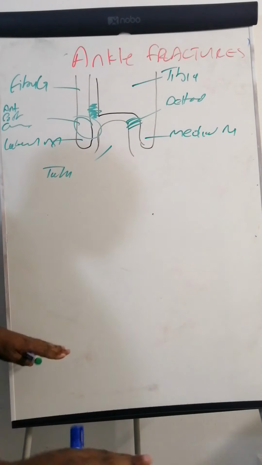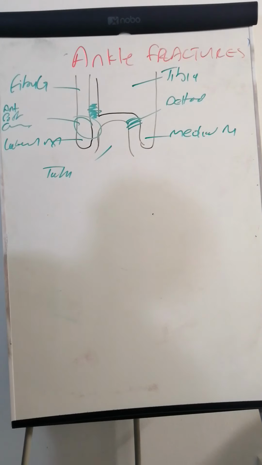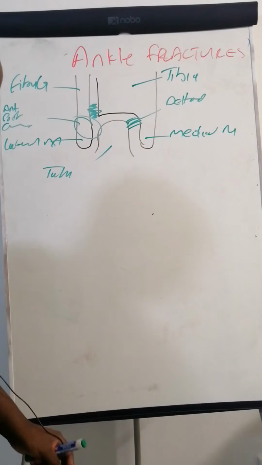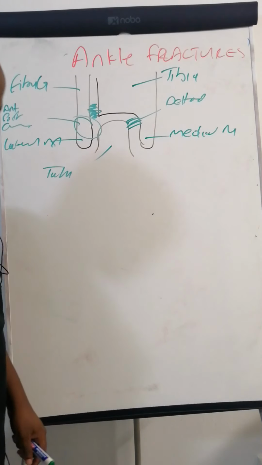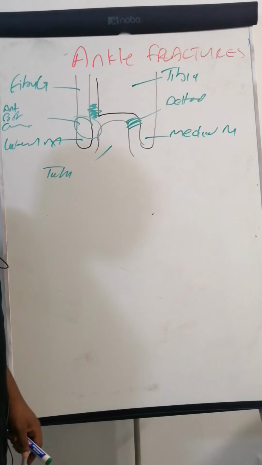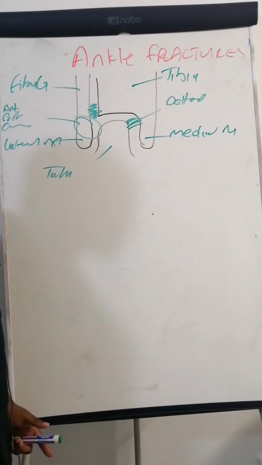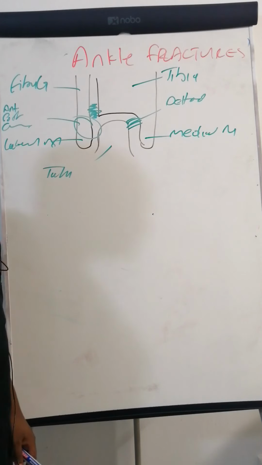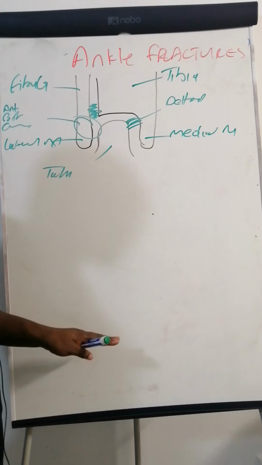So how do fractures occur? Ankle fractures, the majority of the time, occur because of exaggerated or abrupt ankle movements, like your inversions or your eversions. When those movements are done abruptly with a lot of force, they result in ankle fractures.